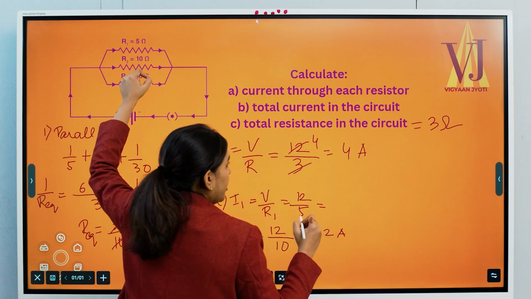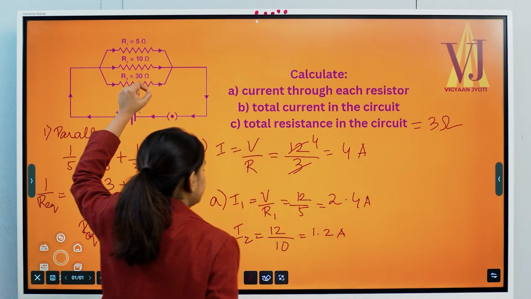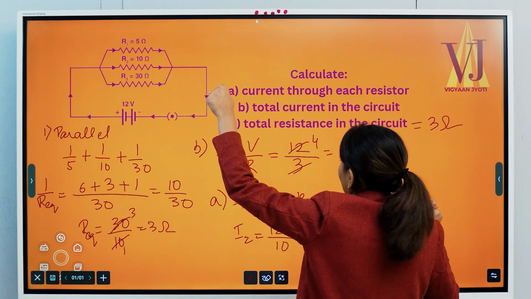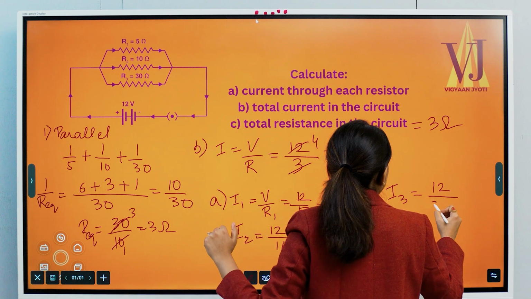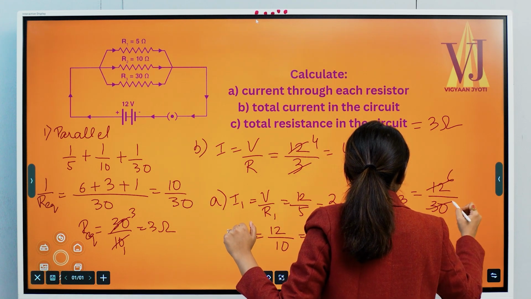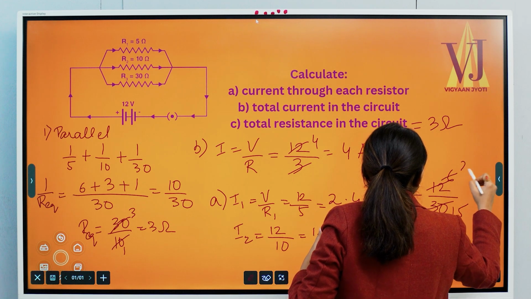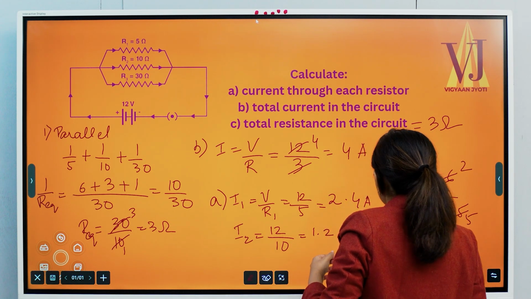And lastly I3 is 12 by 30, that means 0.4 ampere. Clear?